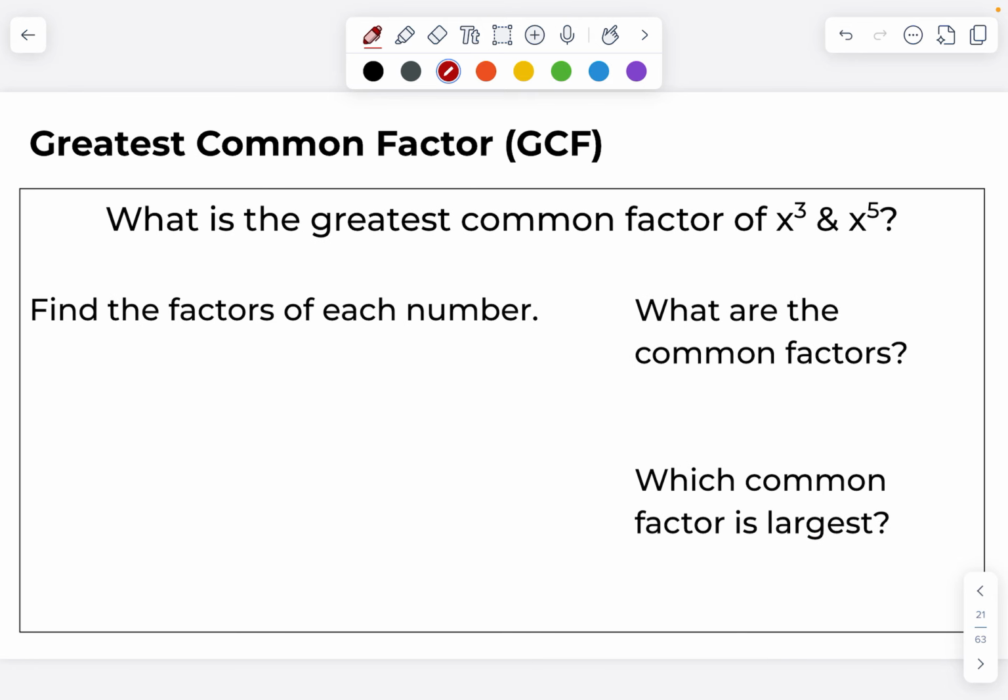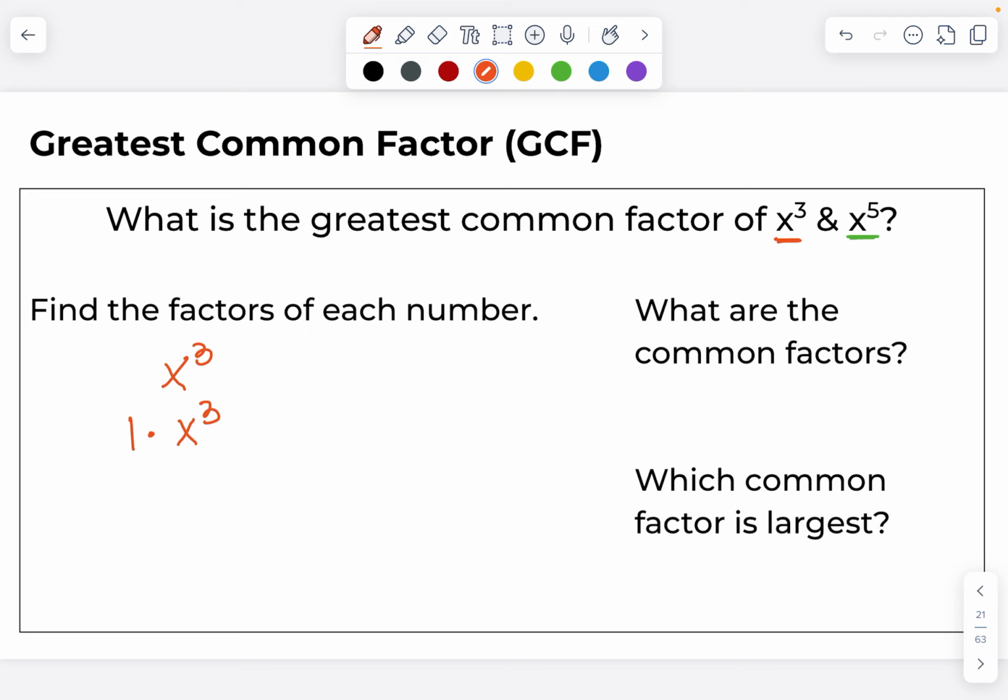Let's try a problem now that has variables, where we look at the different factors of x cubed and x to the 5th. If I think about x cubed, anything times 1 is a set of factors.